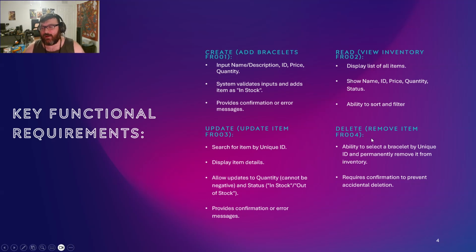Finally, we're going to go for delete, and we're going to put in the delete or the remove item function, which is going to give the user the ability to select a bracelet by their unique ID and permanently remove it from their inventory. However, I forgot to mention it here. It will have a confirmation that asks you to prevent any accidental deletion. Actually, I did prevent it here.